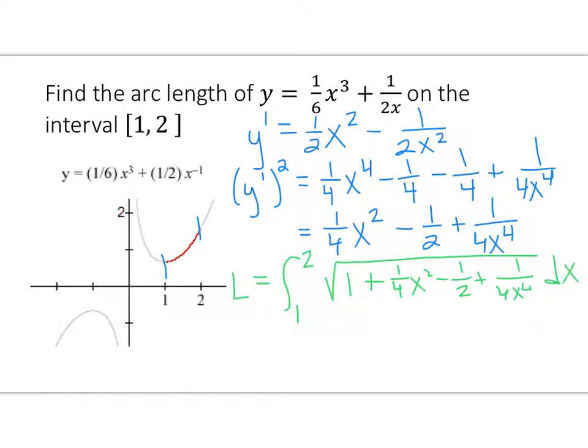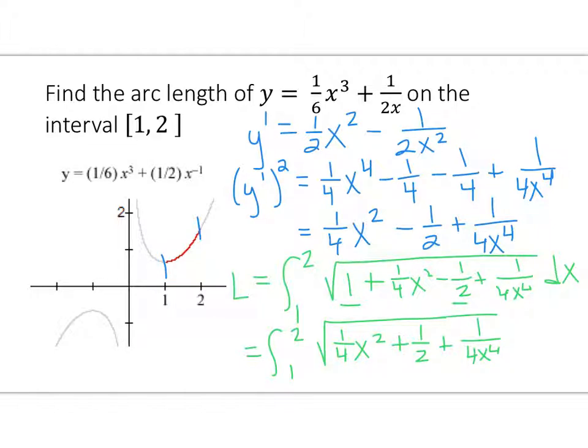So when I clean up inside, I have the integral from 1 to 2. The 1 and the negative 1/2 become 1/4 x to the fourth plus 1/2 plus 1 over 4x to the fourth dx. And now if I notice, this is almost the same as what I had before, except this is a positive. This is a perfect square trinomial. This factors very nicely.